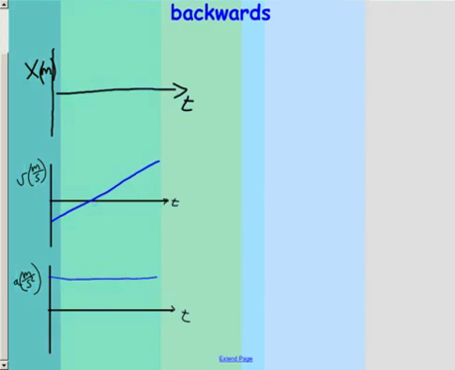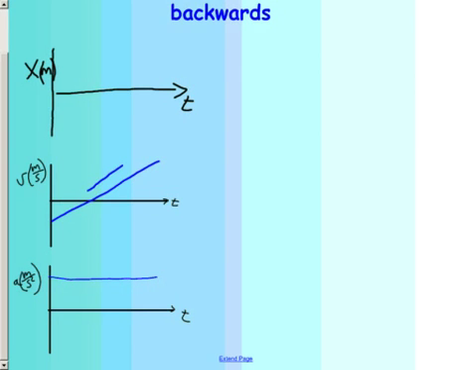As I move up the line this way, the velocity is getting bigger and bigger. It's going faster and faster. If something goes faster and faster, it's going to move away more and more quickly.